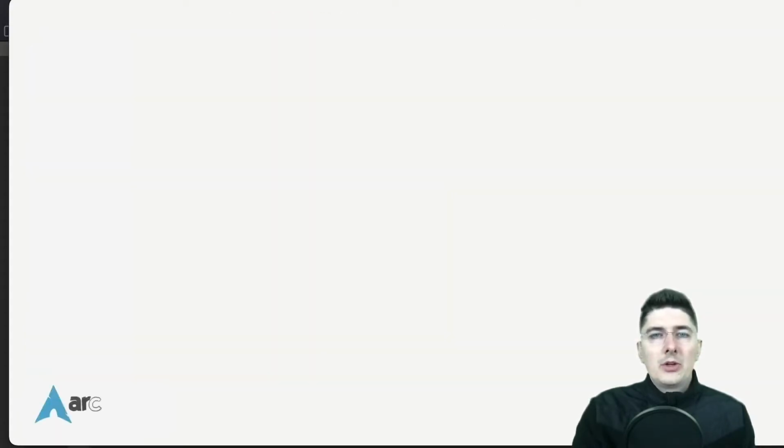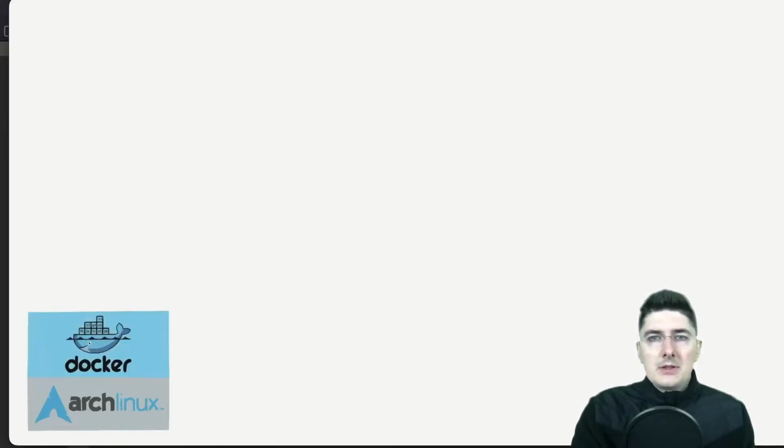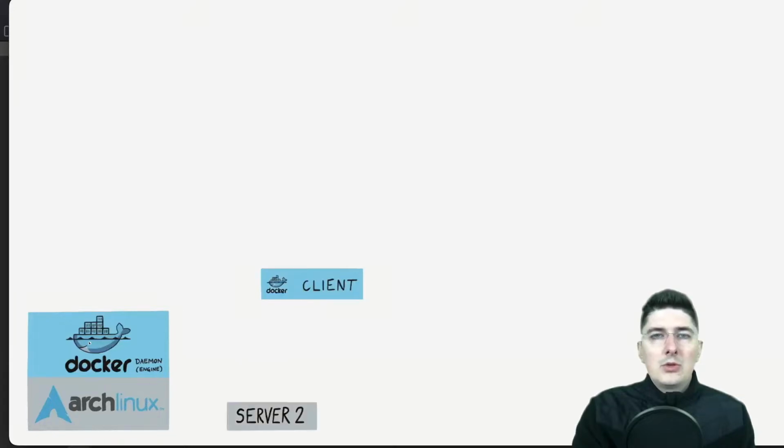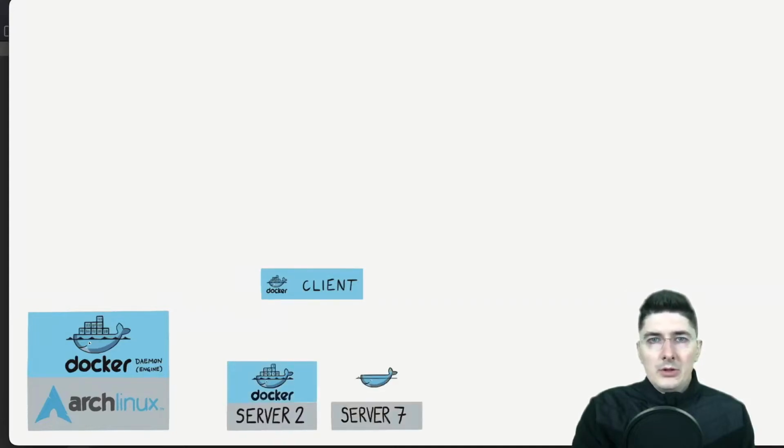First, we have a Docker daemon. Docker daemon or engine is what you run on the server where you wish to run Docker containers. It's running as a service and listens for API requests from the Docker client. Docker client is a command line tool that you use to interact with the Docker daemon. This Docker client is not something that is locked to a particular Docker daemon. You can use Docker client to communicate with multiple Docker daemons on different servers.